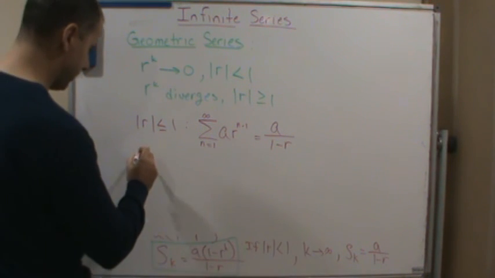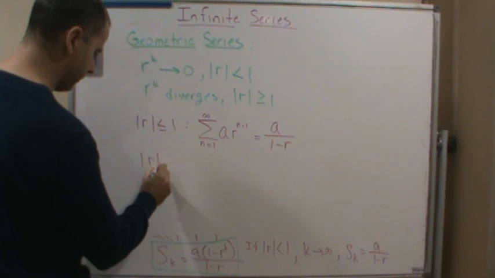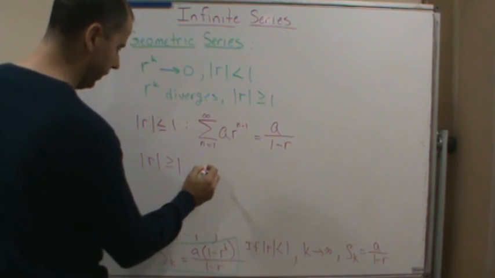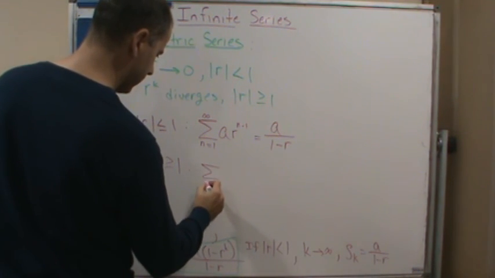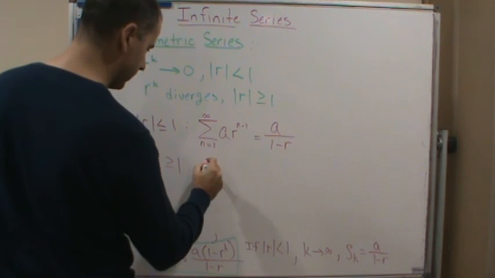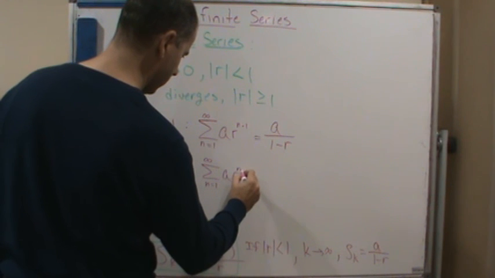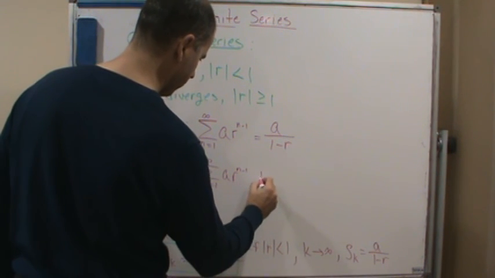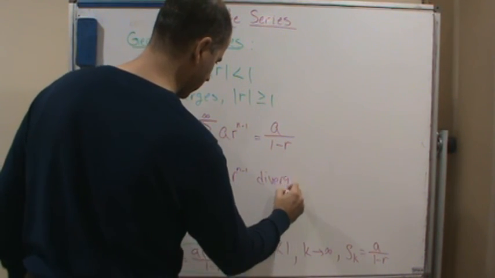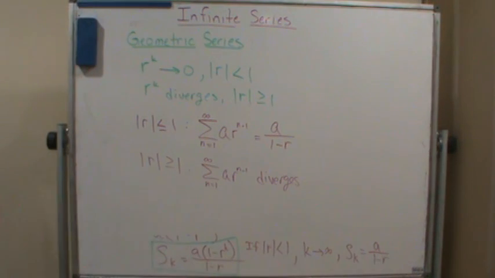So that tells us that in the case that the absolute value of r is greater than or equal to 1, then the geometric series diverges. And that's it. So next we'll start with the definition.